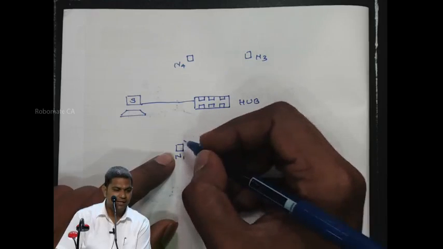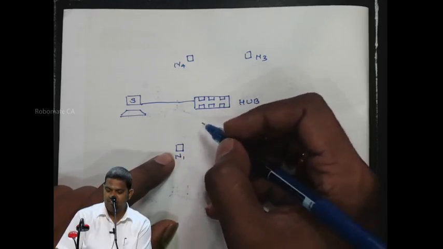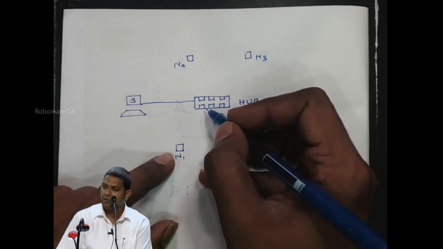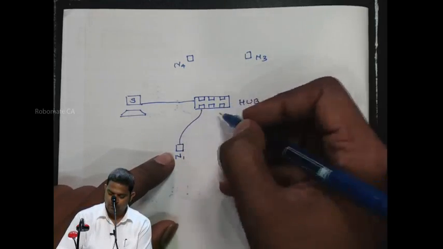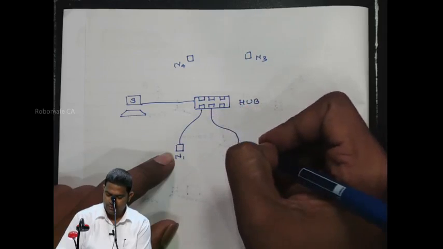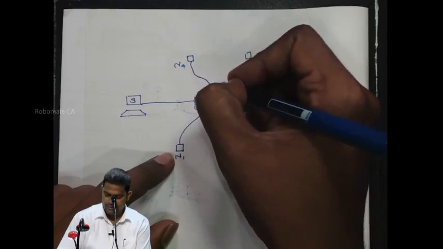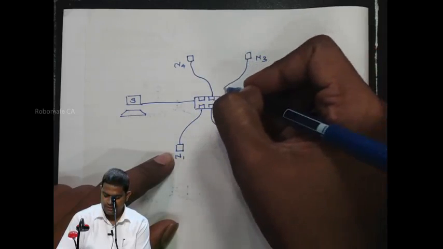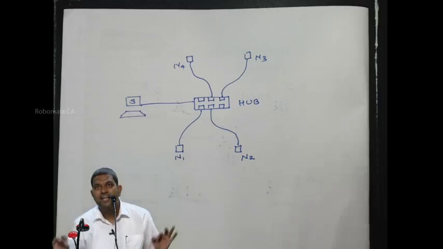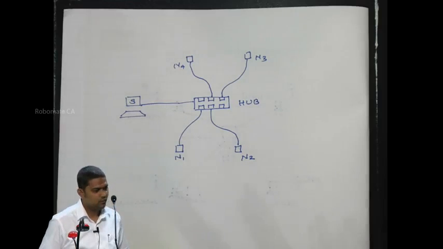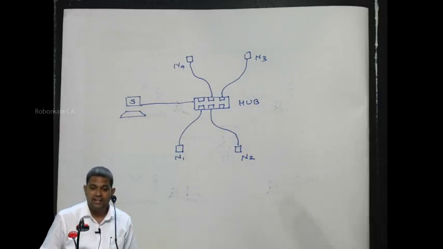To that a wire can be connected, and the other end of the wire will be connected to this particular port. So it is connected over here, over here, over here, and over here. Now this is technically the right diagram.